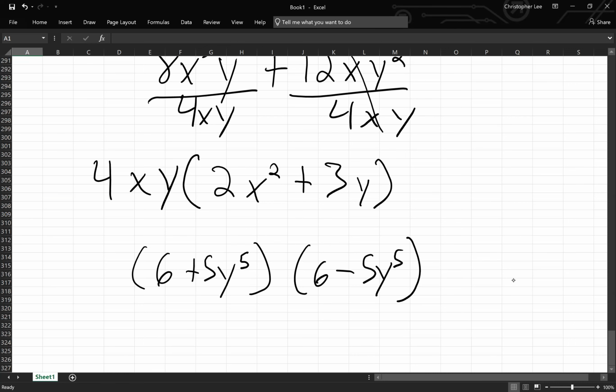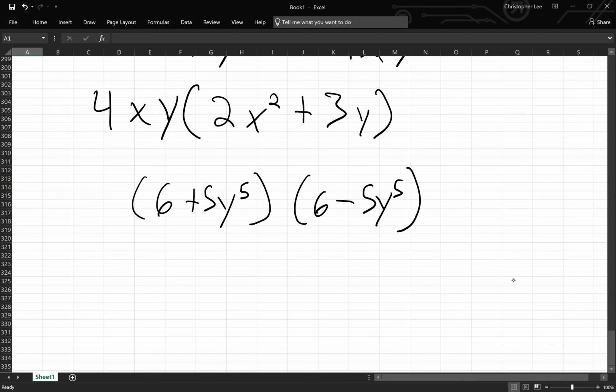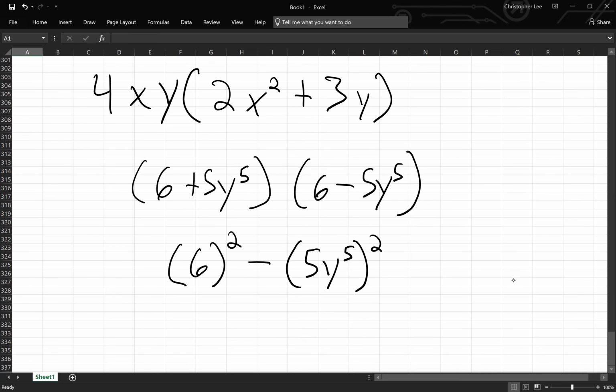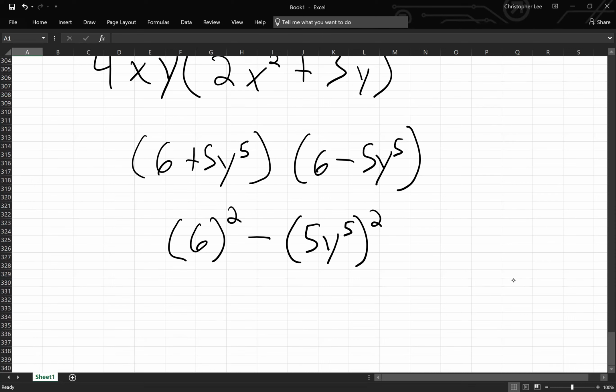Okay. So that's like the difference of two perfect squares, right? So the final answer, cheating a little bit, is this: 6 squared minus 5y to the 5th power squared. This is 36 minus 25y.